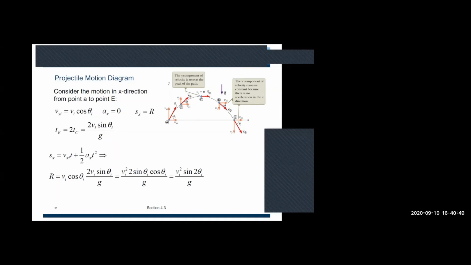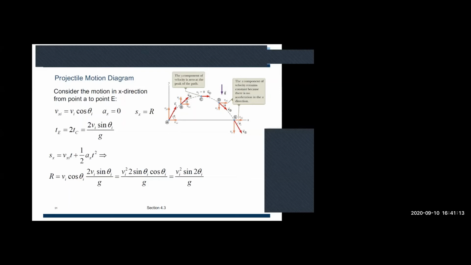Vxi is equal to Vi cosine theta i. And actually, at any point throughout the projectile motion, the horizontal velocity is the same. Acceleration along x is 0. Maximum displacement, the range, is R. So the distance from A to E is R.